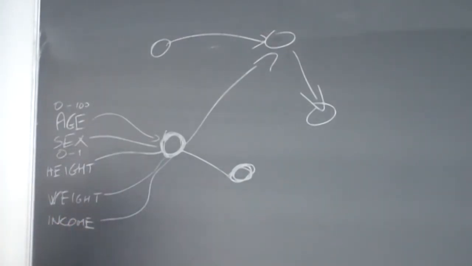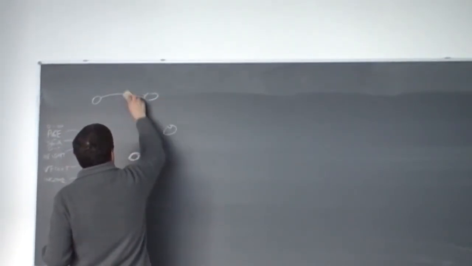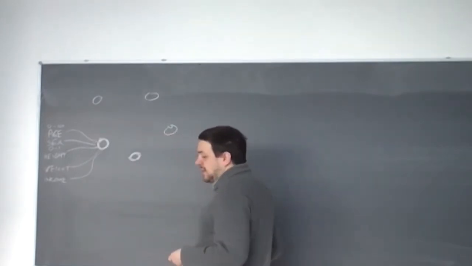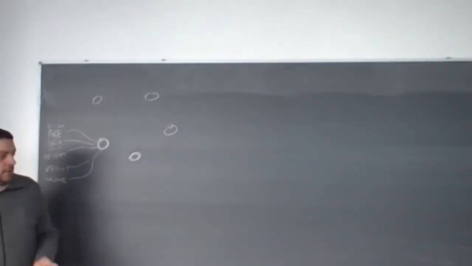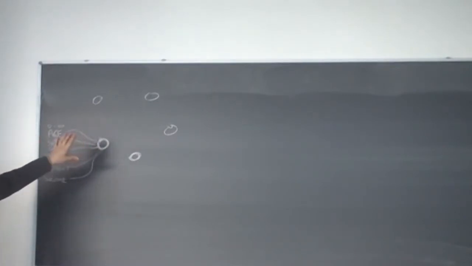They're all numbers that represent your people. Forget about relationships. All we have about our objects is a set of numbers that represent them.